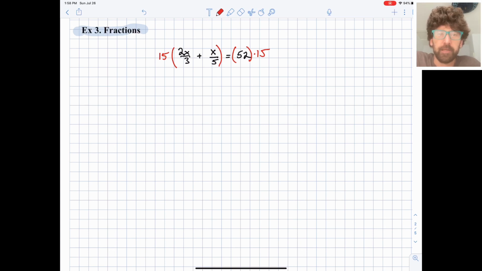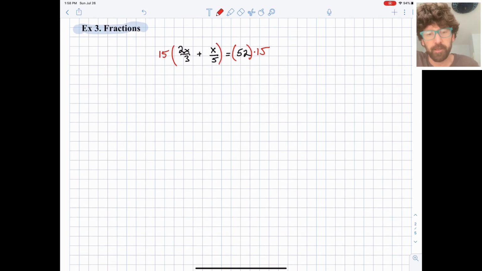And you don't really even need to do the least common multiple. It could be any common multiple, and things will cancel pretty nicely. Okay, so let's distribute the 15 all the way through. We have a 30x over 3.